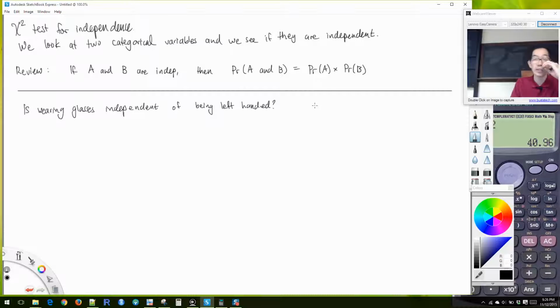Okay, and so we will say our null hypothesis. If we write it out in words, it will just be wearing glasses is independent of being left-handed.